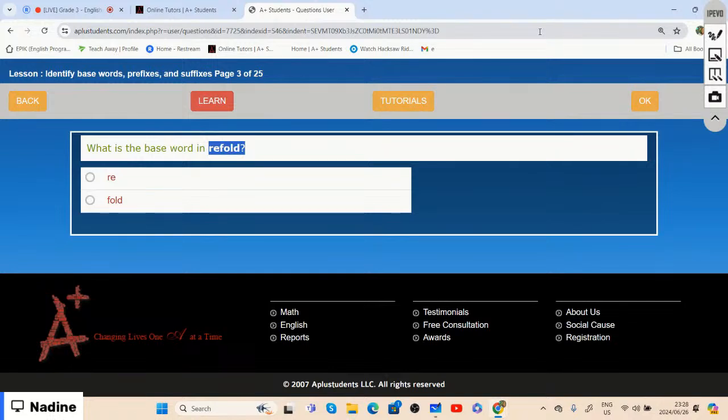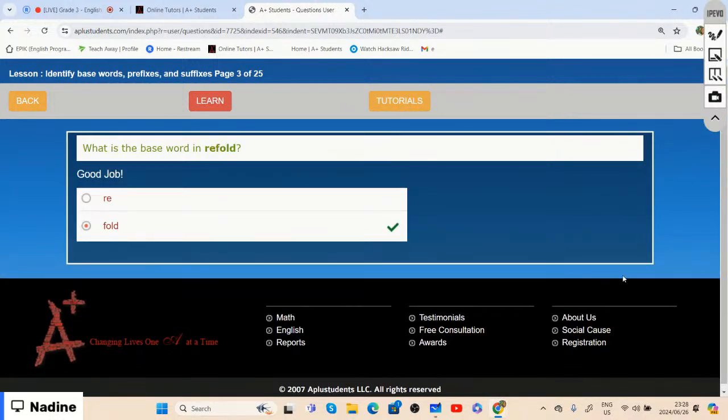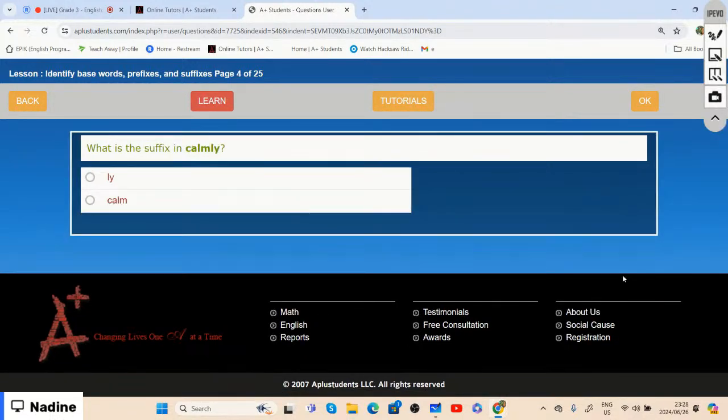So the base word. All right. And if we were to identify our base word within that word, then yes, we will go with option 2, which is fold. So well done. Fold is correct.